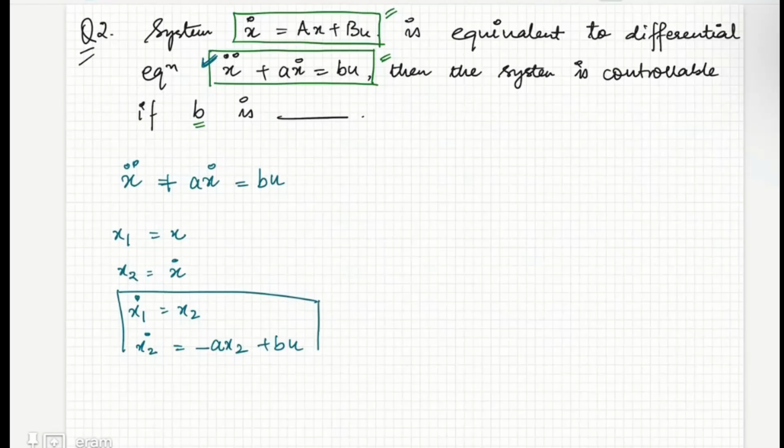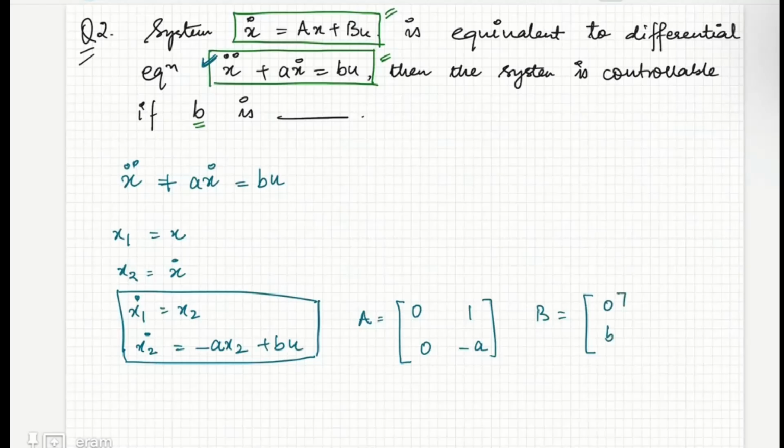So this is the system given to us. For this, the matrix A we can write as 0 1 and 0 minus a, and the matrix B we can write as 0 and b.